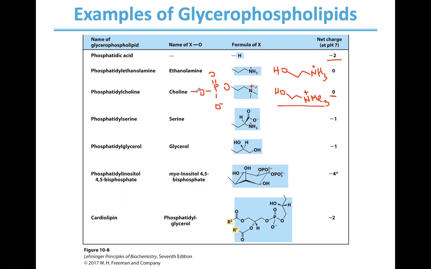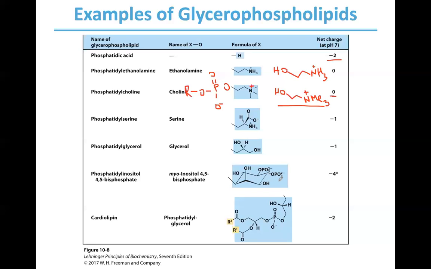There is one ester bond towards the glycerol, and the other ester is towards the choline. So the phosphodiester bond will have a negative charge, which will be compensated by the positive charge on choline. So the net charge is 0. The negative charge will come from the oxygen on the phosphorus. Glycerol -1.